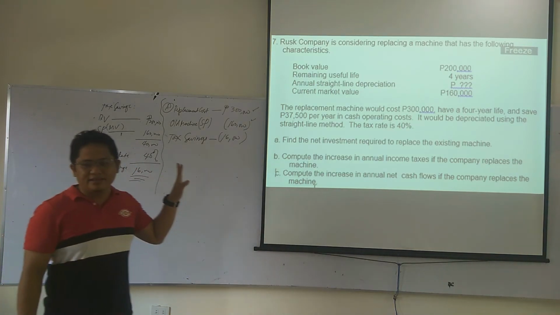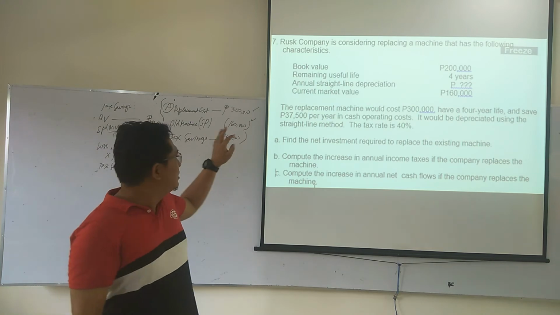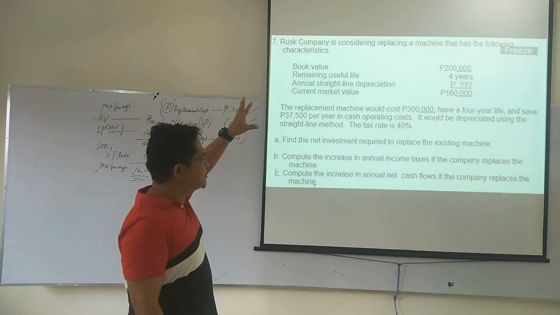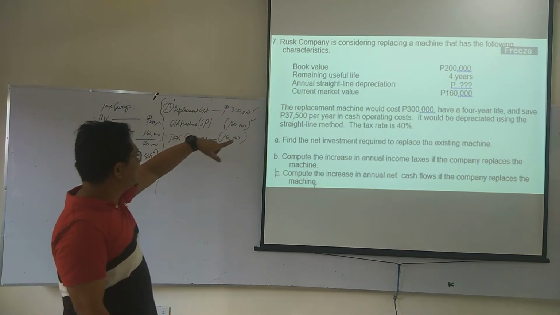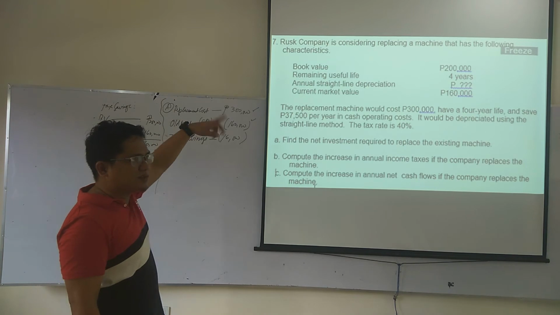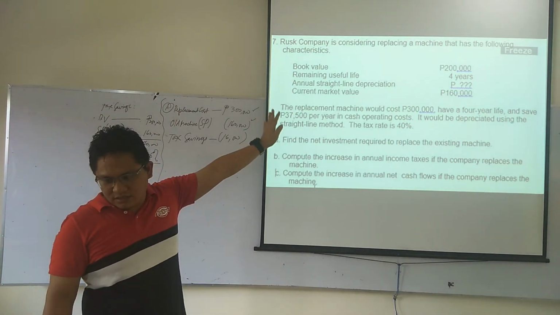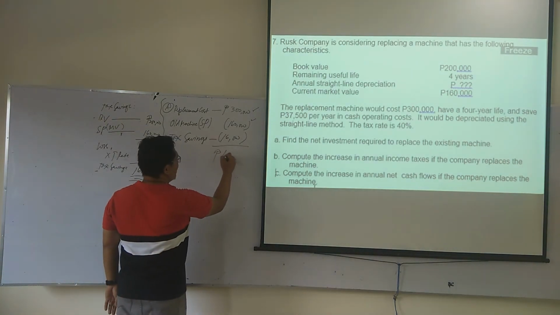So you have 300,000, that's the net amount we're going to raise. Then we sold our old machine, so that's 160,000 less. Then another 16,000 tax savings. All in all, we are just going to cash out 124,000.